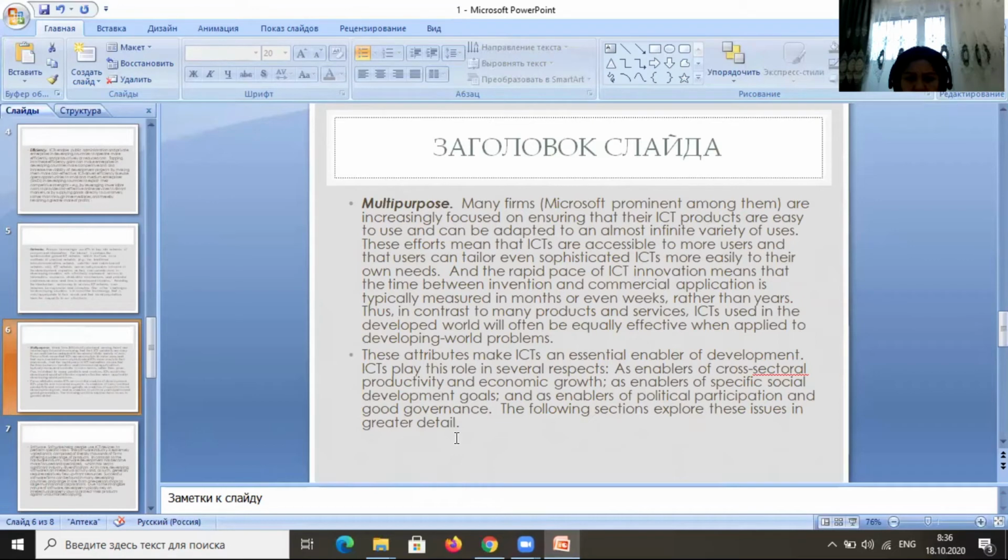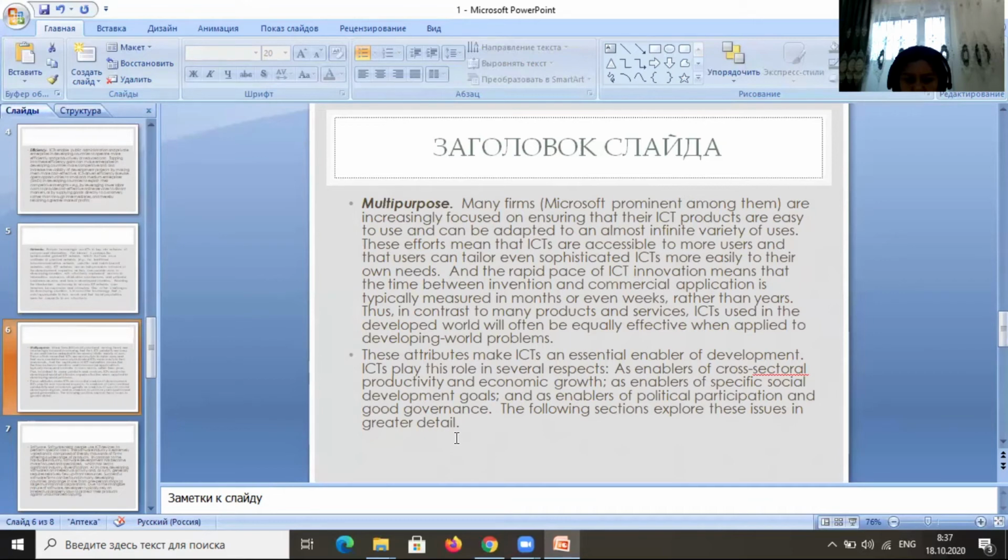These efforts mean that ICTs are accessible to more users and that users can tailor even sophisticated ICTs more easily to their own needs, and the rapid pace of ICT innovation means that the time between innovation and commercial application is typically measured in months or even weeks rather than years.